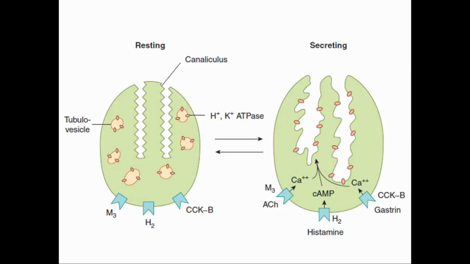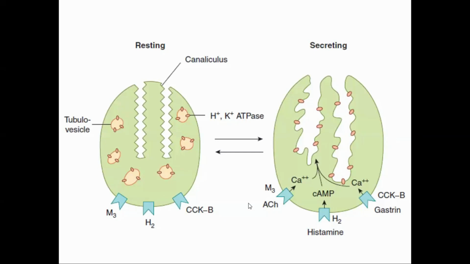This one is the parietal cell. When acetylcholine, histamine, and cholecystokinin are not working on the parietal cell, the tubular vesicles that contain the hydrogen potassium ATPase pump are internalized in the cell.